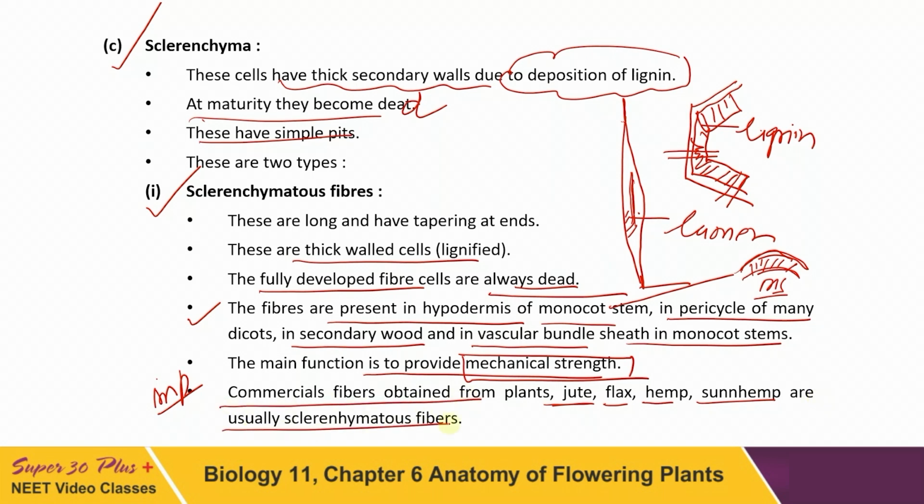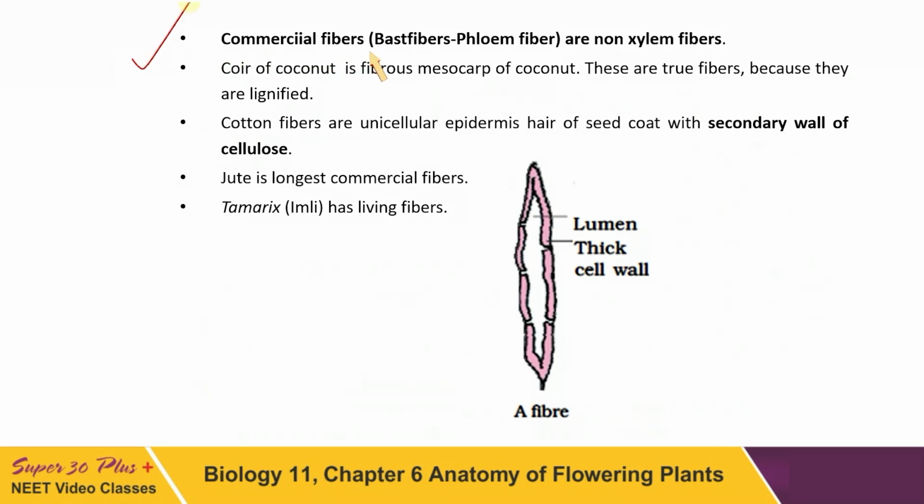You have to remember that these commercial fibers are usually present in phloem. Phloem fibers are commercial fibers. Am I clear? These commercial fibers are also known as bast fibers because they are obtained from phloem. These are non-xylem fibers.